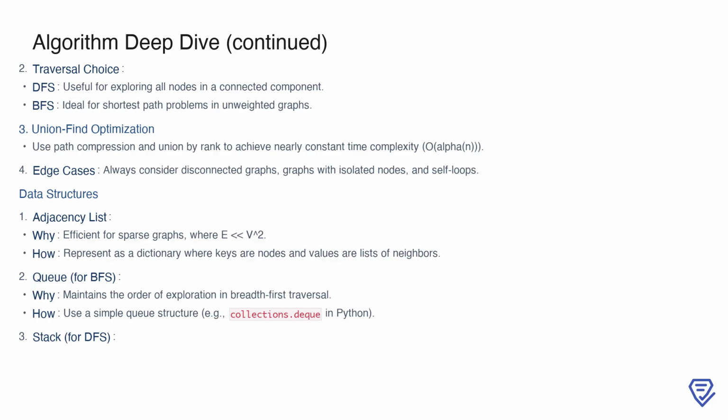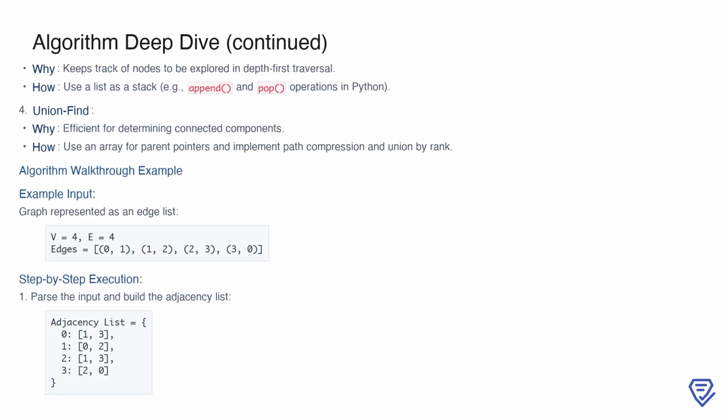When performing BFS, a queue is indispensable for maintaining the correct order of exploration. In Python, this can be implemented using collections.deque. Similarly, for DFS, a stack is used to track nodes during depth-first exploration, and a simple list with append and pop operations suffices. Its implementation in Python is straightforward using a list.